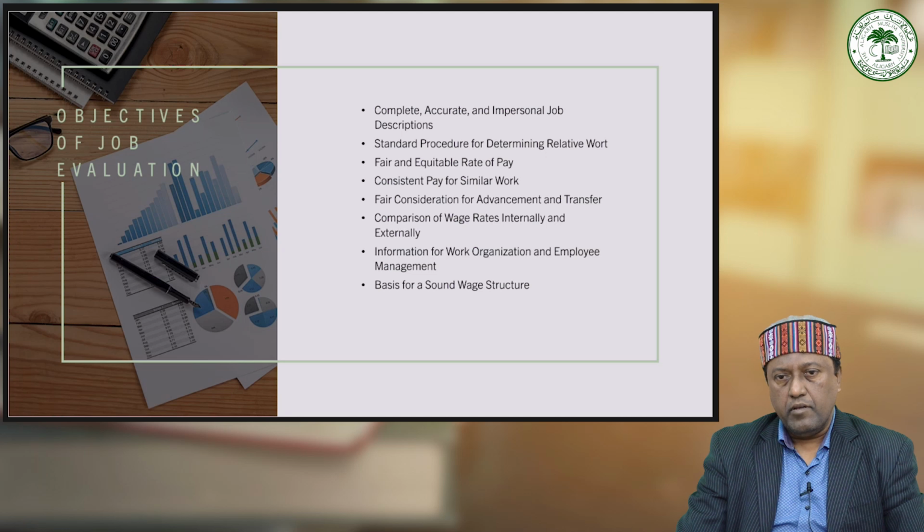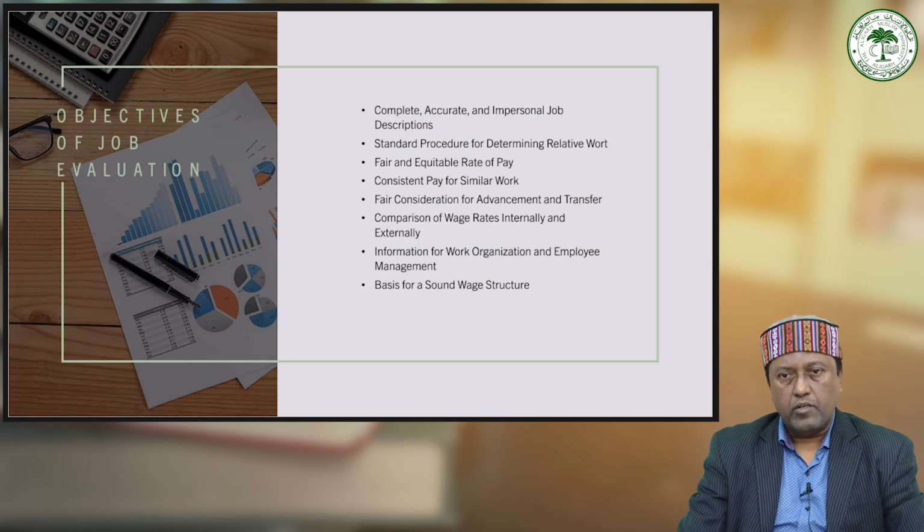Next objective again is fair consideration for advancement and transfer. Job evaluation contributes to fair and accurate assessments of employees for advancement and transfer opportunities. It helps in identifying individuals for the skills and qualifications needed for different roles within the organization.